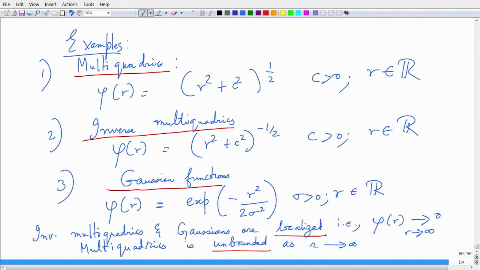These functions, the inverse multi-quadrics and Gaussians, are localized, that is phi of r tends to 0 as r tends to infinity. That means if you choose your radius to be very large, the function becomes localized or it shrinks to 0, and this has an interesting consequence in learning.